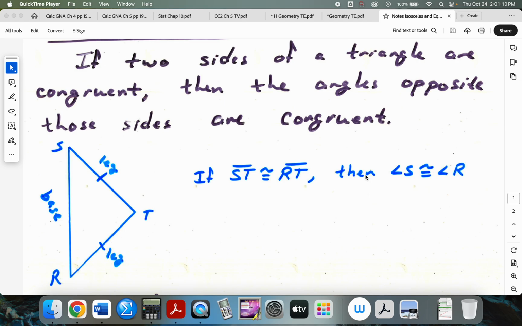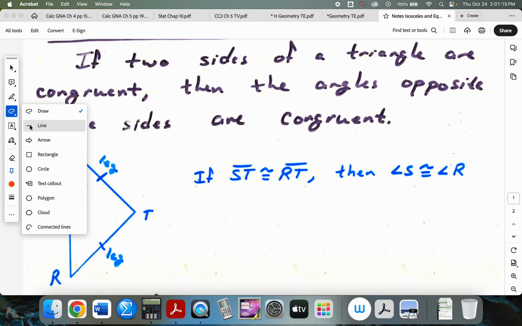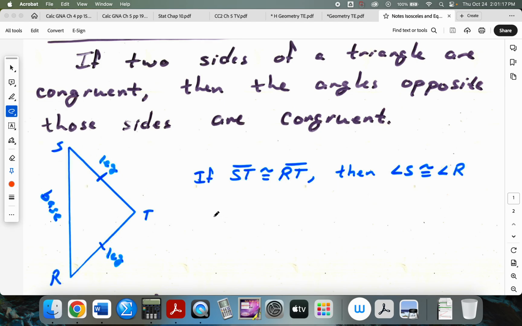I want you to write this out in a different way also, and maybe this will be easier for you to remember. Please add this: in an isosceles triangle, the base angles are congruent.